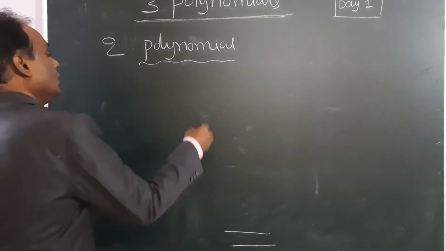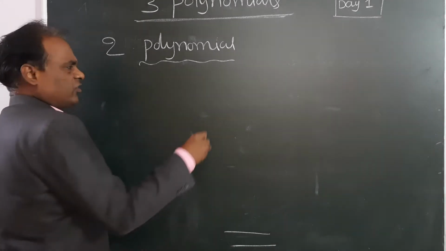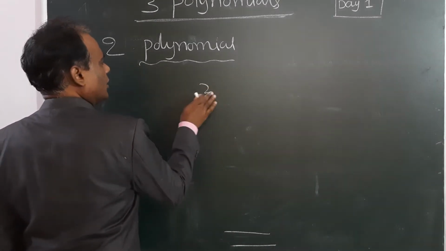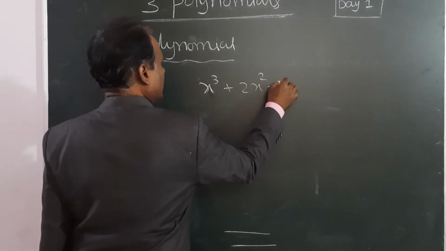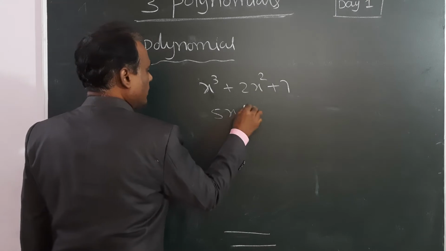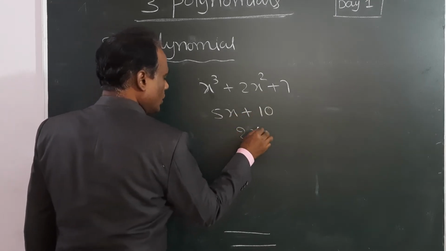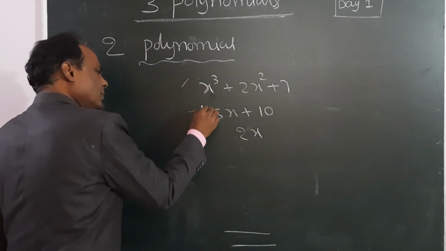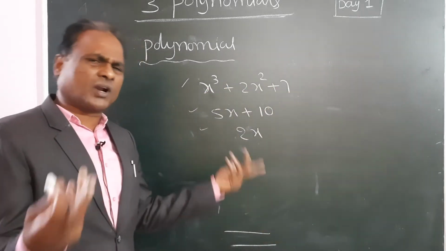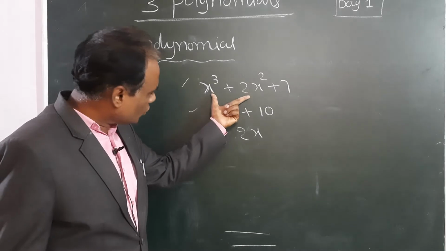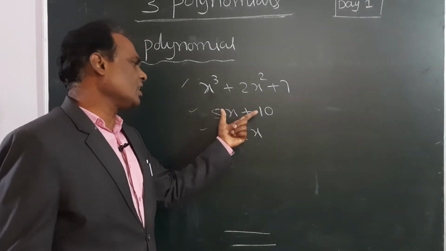Now, any algebraic expression, suppose x power 3 plus 2x square plus 7, or 5x plus 10, or 2x, like this. Any algebraic expression which has some terms, any number of terms, it may have 2 terms or 3 terms or 1 term.